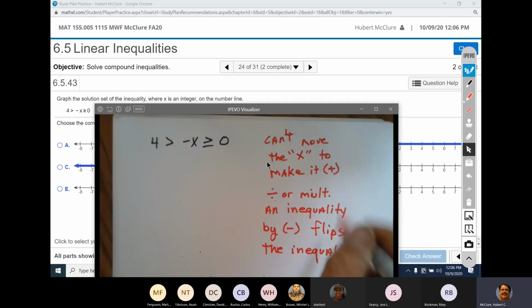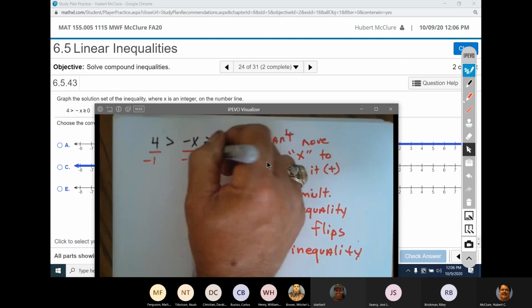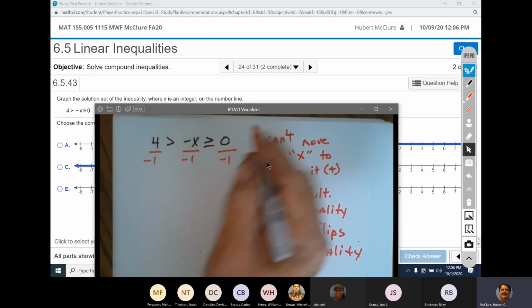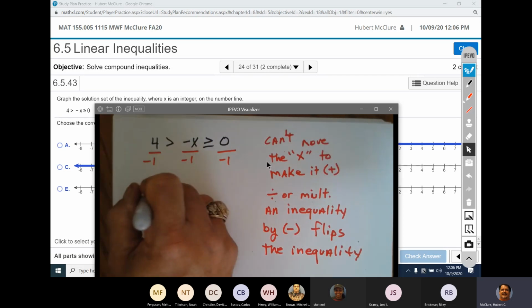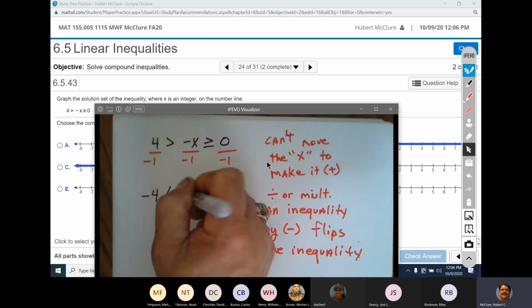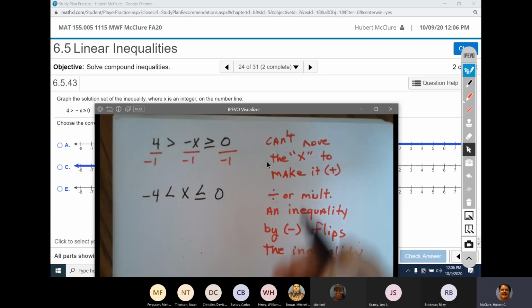And just remember this for that one problem that you can't manipulate. So I'm going to divide by -1. And that's going to flip these inequalities. So my answer is going to be -4 less than X less than or equal to 0.